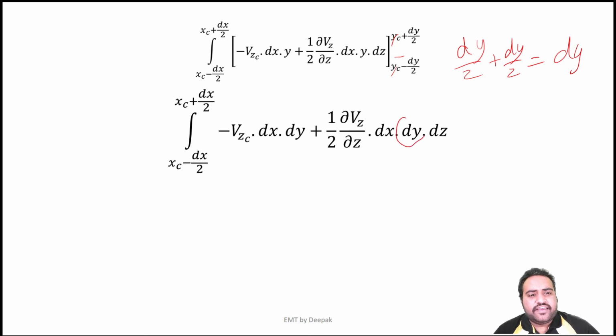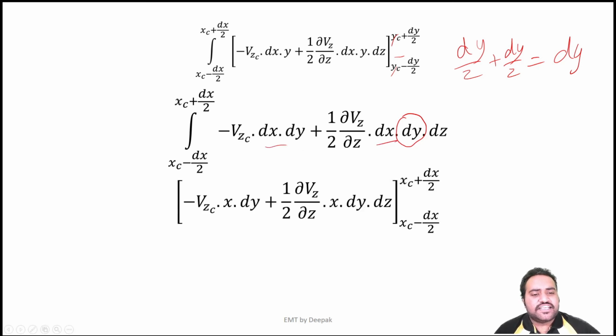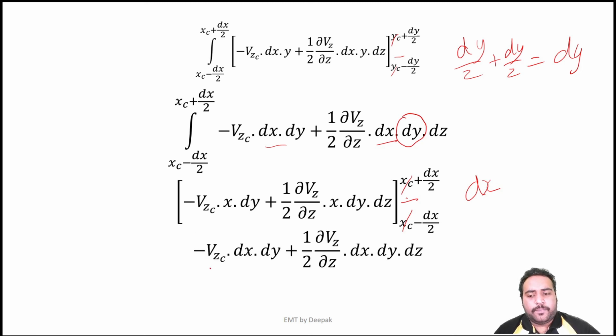So here dy is remaining. Now, if I integrate dx, the answer would be x, and the limits are xc plus dx by 2 and xc minus dx by 2. Again, if I subtract this, I will be getting dx. So the answer is minus vzc dx dy plus 1 by 2 times dou vz by dou z dx dy dz.